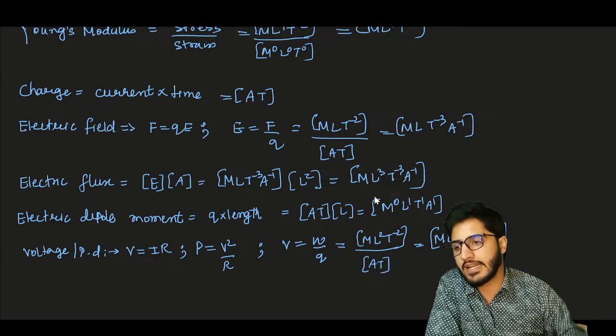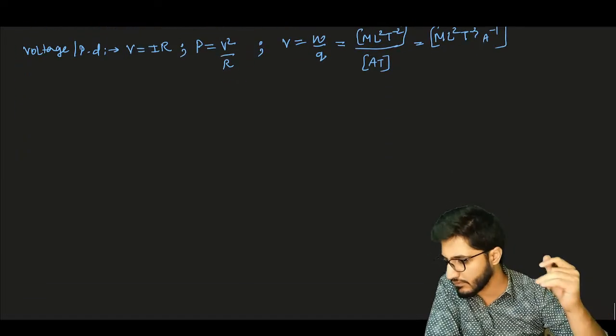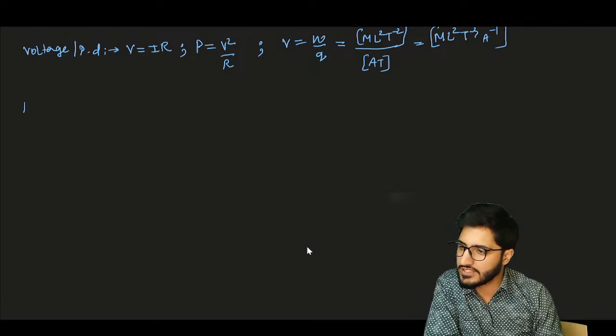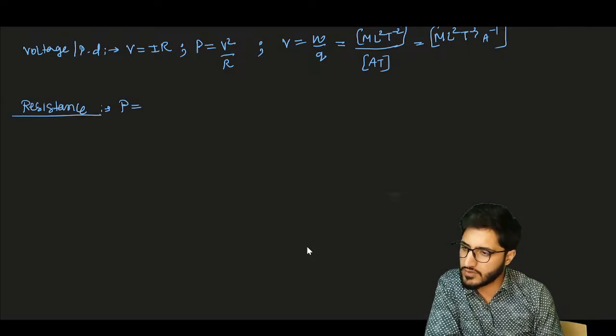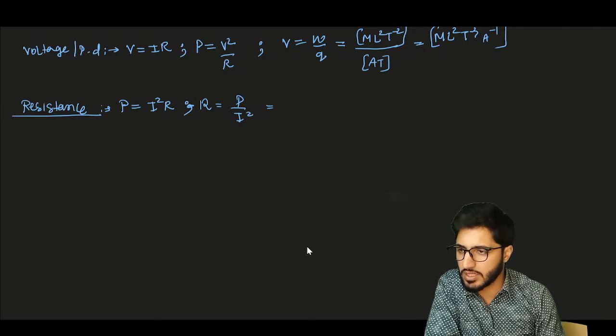Now I can get the dimensional formula of resistance also from here. V equals to IR, so R is the resistance. Power equals I square into R, so resistance equals power by I square. Power, I can write in terms of work done divided by time, into I square.